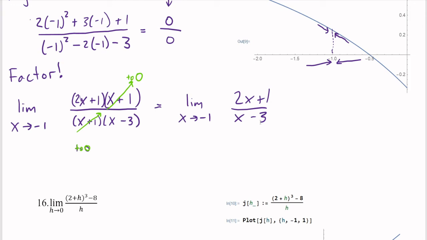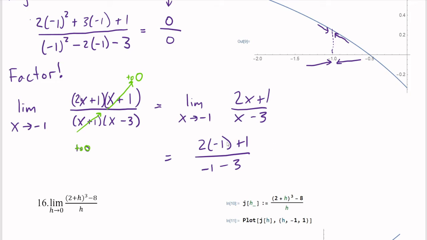Well, remember, near negative 1, as I get closer and closer, these two are both really small, trying to go to 0. And they cancel, leaving just this. Now, it's almost like I've restarted this problem. Plug it in. Try the plug-in method again. So let's do it. 2, plug in -1 plus 1, -1 minus 3.